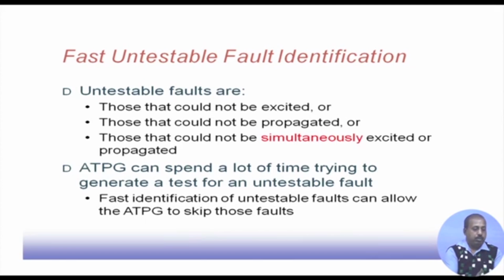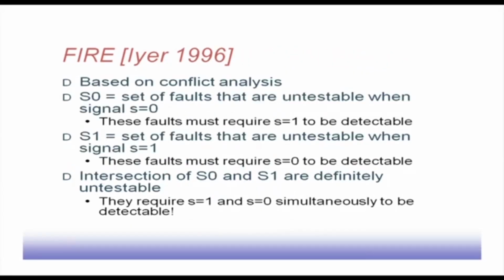Now, the problem is that ATPG will spend a lot of time trying to generate a test for an untestable fault. So, if we have a fast identification of untestable faults, it will allow the ATPG to skip those faults and try to generate test patterns for the remaining faults. The work by IR 1996: FIRE is a tool that has been reported.